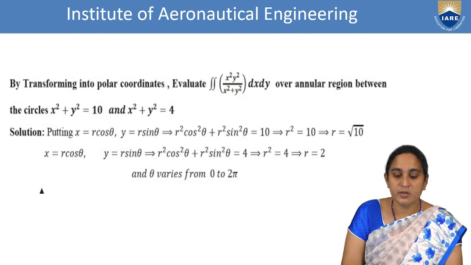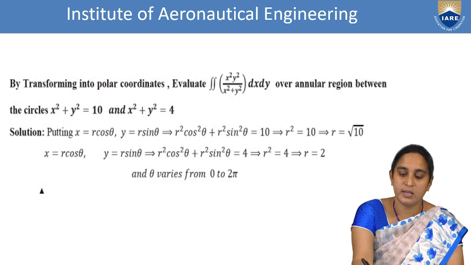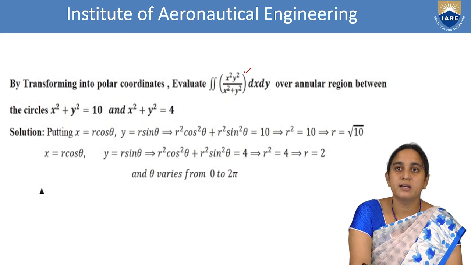Observe the question: the given function is in x and y. What is the function here? X square y square by x square plus y square, and the integration is with respect to dx dy.